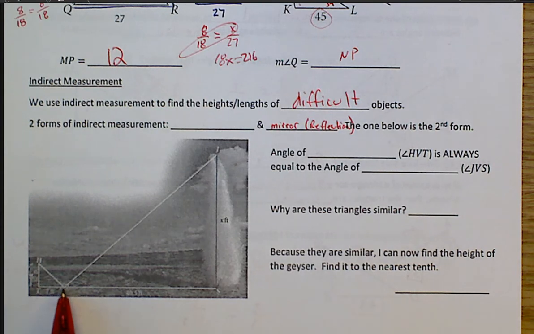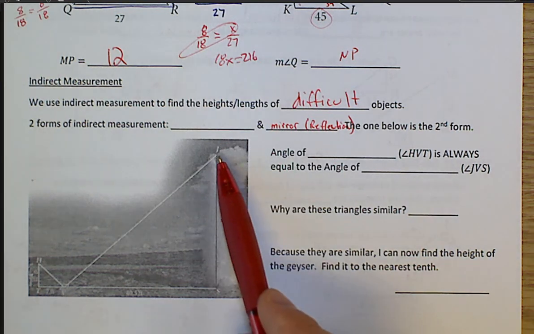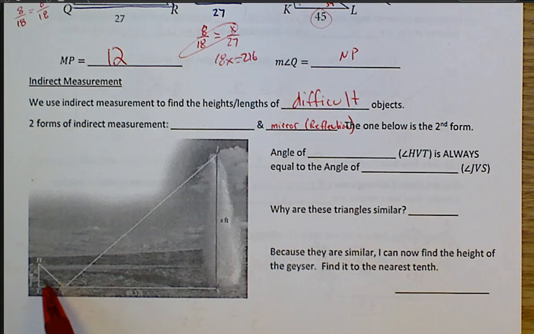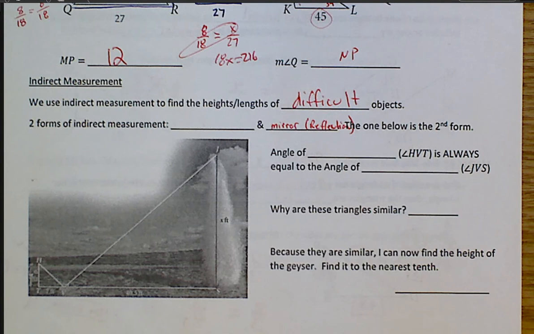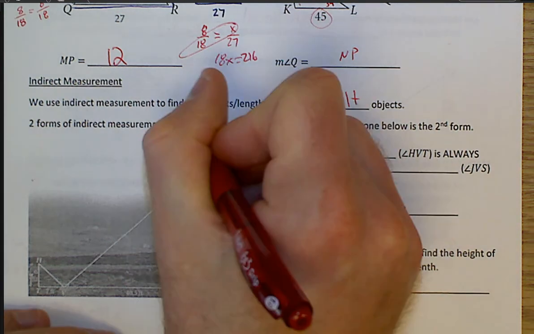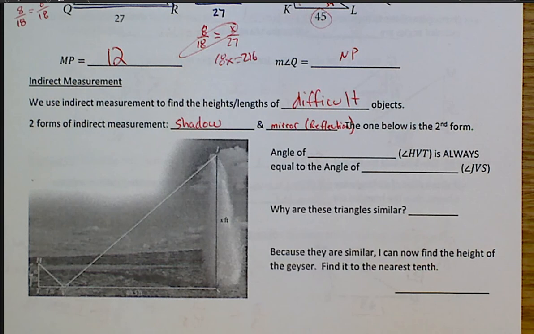And what he does is he puts a mirror on the ground, and he walks backwards till he can see the tip of the geyser. So he's using a reflection or a mirror from that, okay? The other type is using a shadow, and you'll see some of those in your homework, but we're going to do this one, which is a reflection, okay?